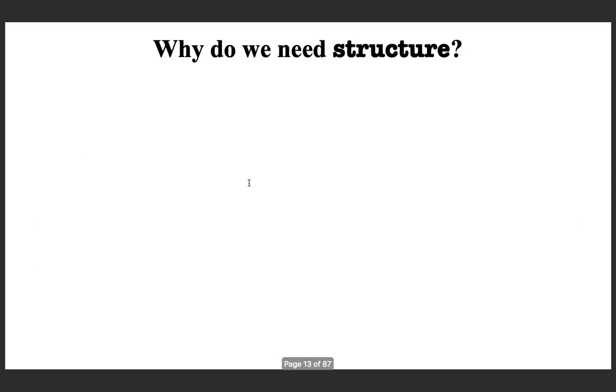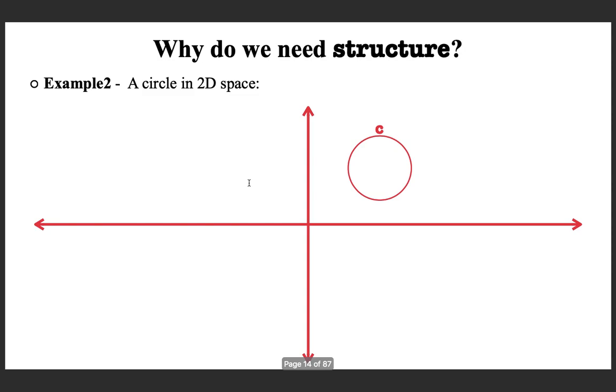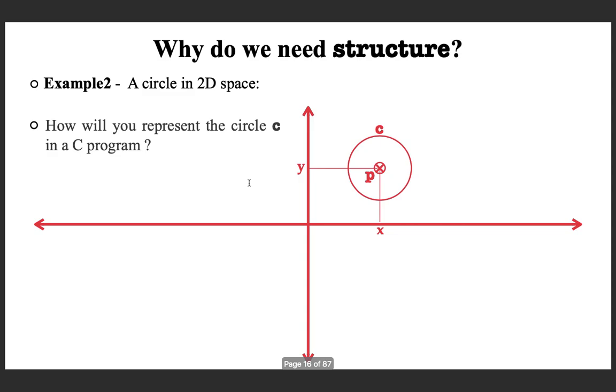As another example, look at a circle in two-dimensional space. If you ask the same question, how will you represent it? We need to know which factors uniquely identify a circle. You have to have a center point P, the center of the circle, characterized by its x and y coordinates, and in addition you need the radius of the circle.